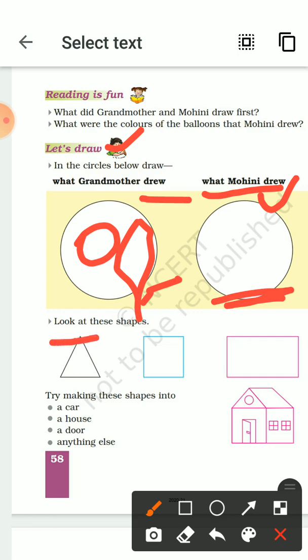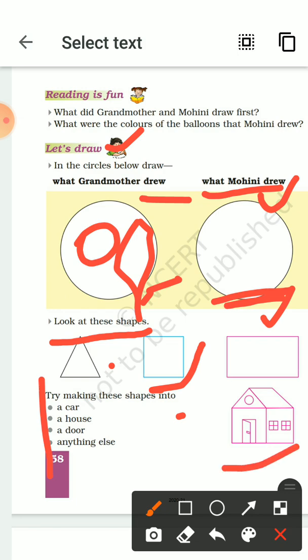Next, look at these shapes. The first one is a triangle. This one is a square. This is a rectangle. Try making these shapes into a car, a house, a door and anything else. Look at this house. Can you draw this house? Yes, we can easily draw this house by using all these shapes.